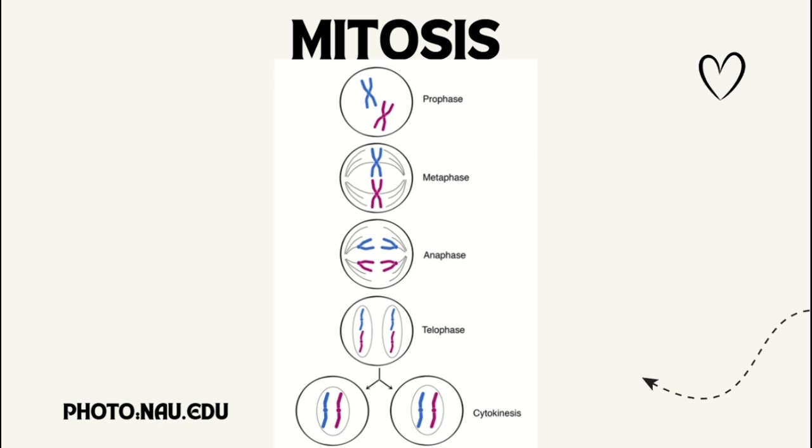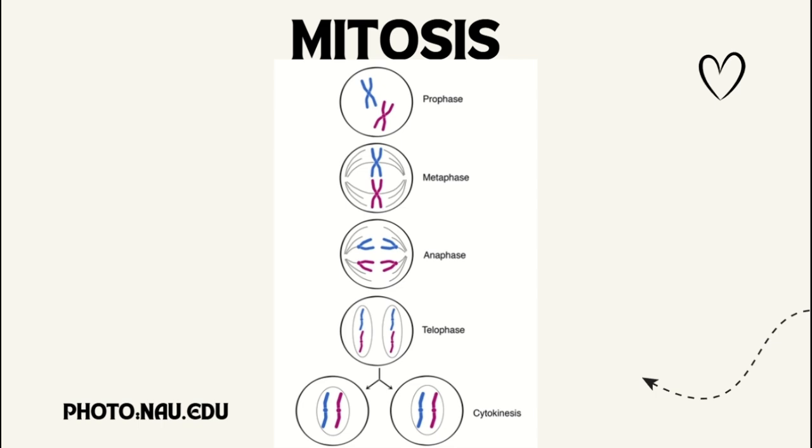But even before we talk about these stages, we have to talk about what happens before. We're not going into too much detail, we're just going to brush over it. Interphase. So interphase is that preparatory stage that the cell is in before it starts to divide. The cell spends way longer in interphase than it actually spends in the actual mitosis process, right?